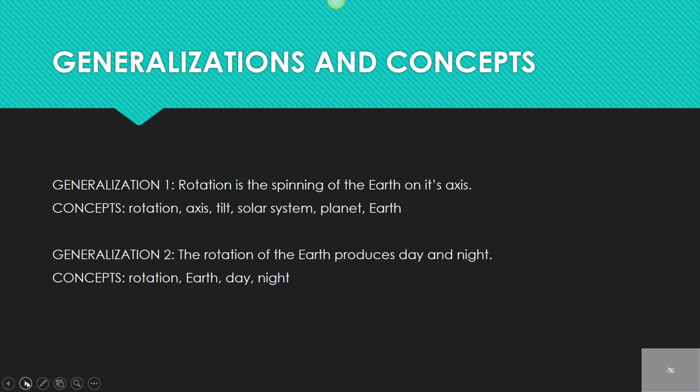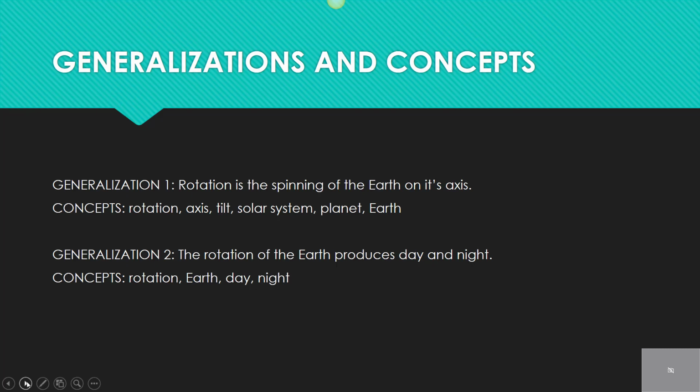And the concepts, now what I've been noticing is that sometimes what is being put down as concepts are really terms or definitions that the students will encounter within the lesson. So every term that you believe the students may not be aware of is put down as a concept.